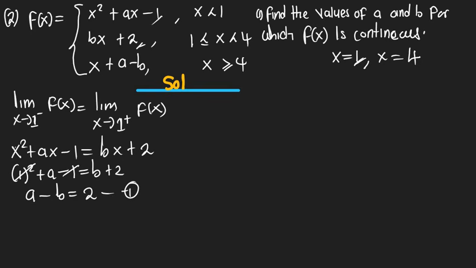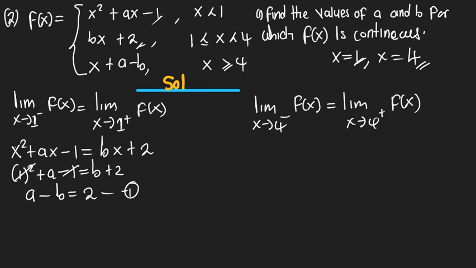Let's try to define it at 4. We do the same. We take the limit as x approaches 4 from the negative side of f of x is equal to the limit as x approaches 4 from the positive side of f of x. Then where exactly is x less than 4? It's defined at this point, so you get bx plus 2.